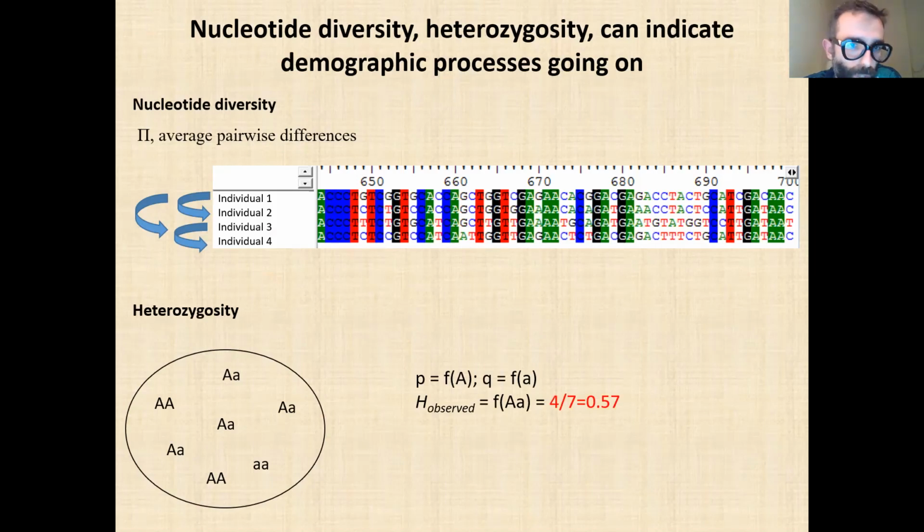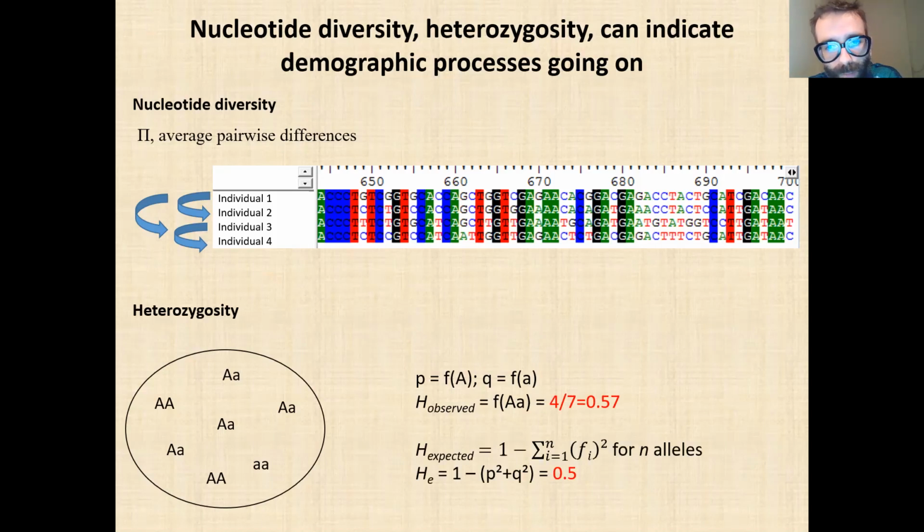So the frequency of big A is P, let's say, and the frequency of small a is Q. Then we can measure the observed frequency of heterozygotes, the observed heterozygosity, and here there are 4 individuals being heterozygote out of 7. That gives us 0.57 as the frequency of heterozygotes.